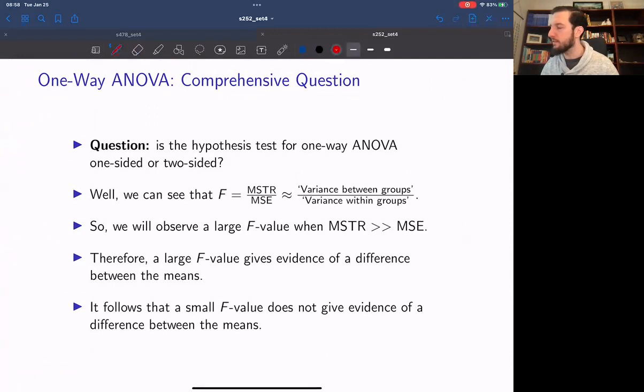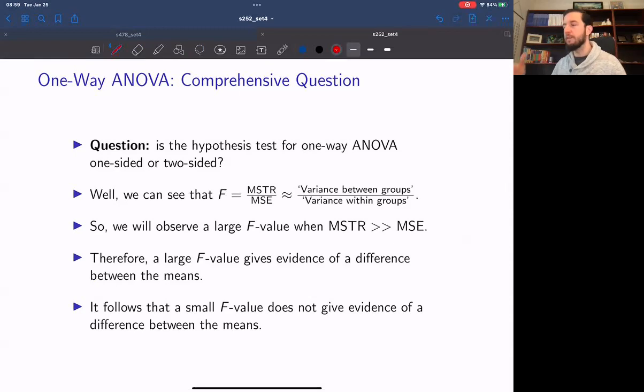It is a ratio of MSTR to MSE. If the MSTR is much bigger than the MSE, the F value is going to be really large, and there's a difference between the means. If the MSTR is much smaller than the MSE, the F value is going to be very small, and therefore we do not have a difference between the population means.